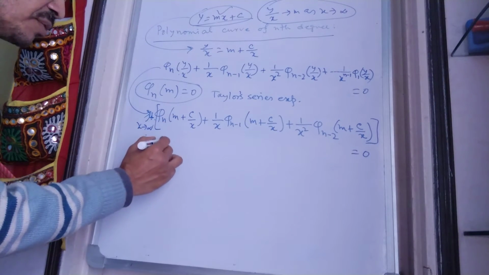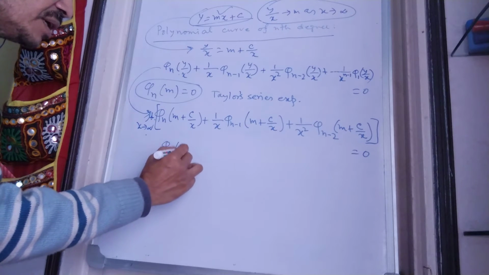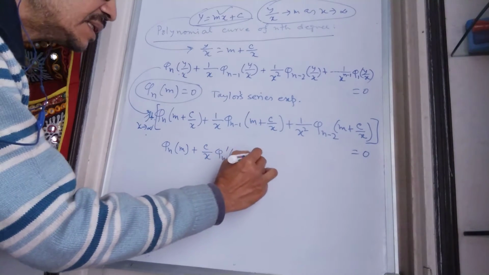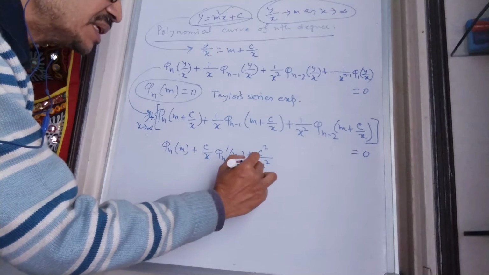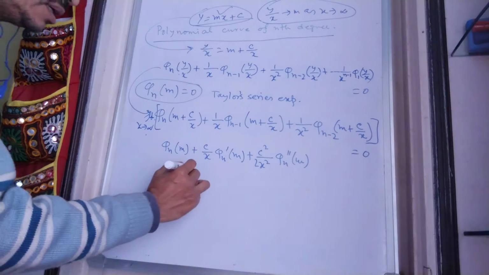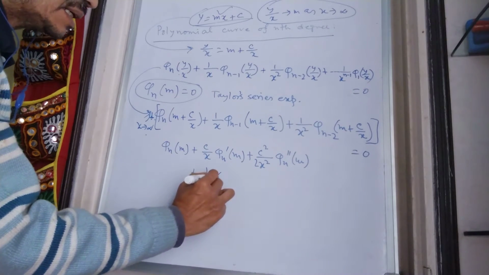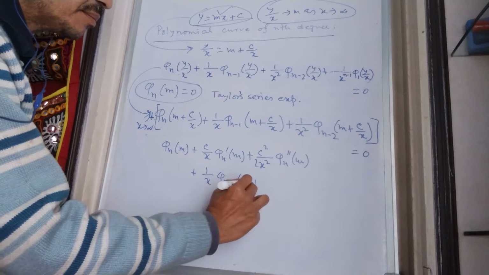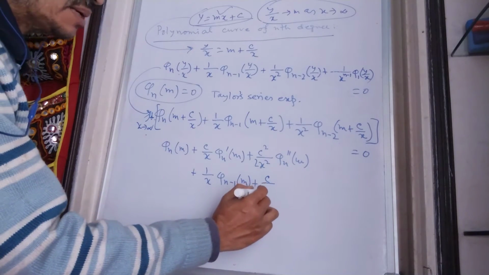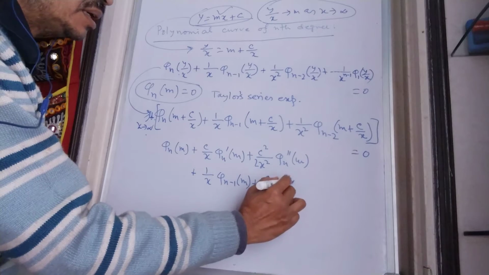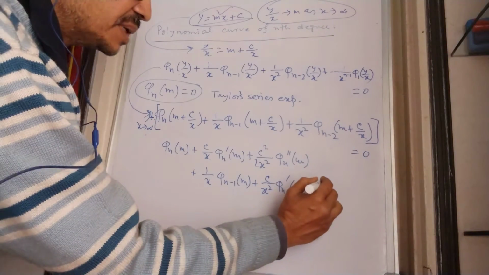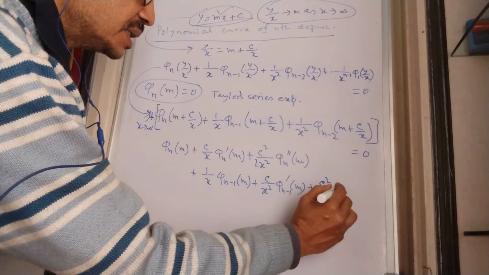Just see that from Taylor's expansion of this term we have phi n(m) plus C by x phi n prime (m) plus C square by x square into 2 factorial phi n double prime (m), plus we have 1 by x phi n minus 1 (m) plus C by x square, with C by x here as h and 1 by x here, makes it C by x square phi n minus 1 prime (m), plus the term C square by 2 x square becomes C square by factorial 2 actually x cube, isn't it so?